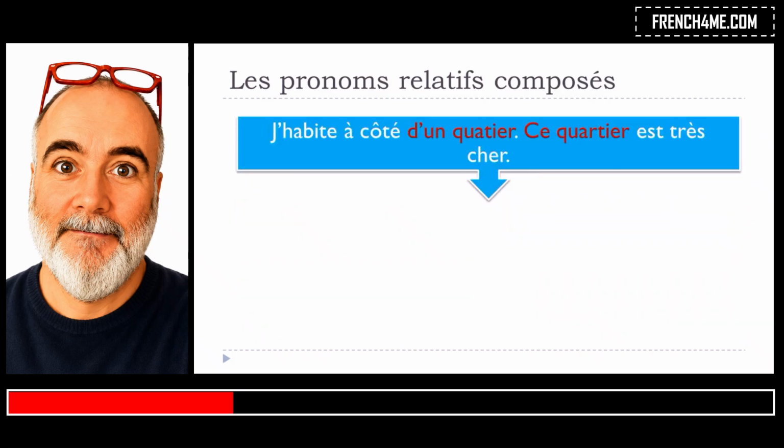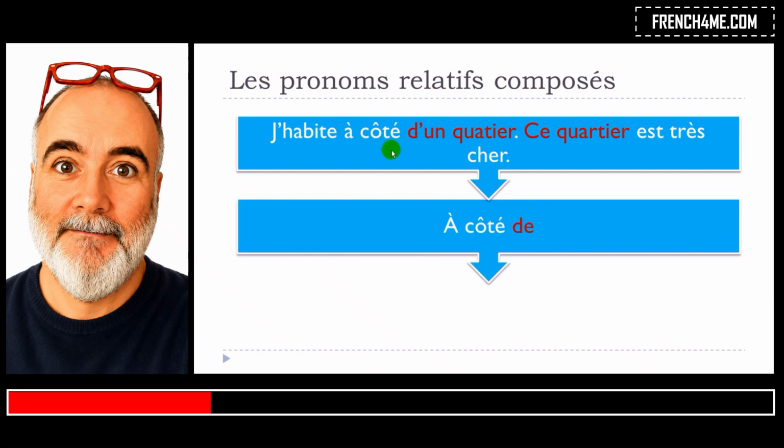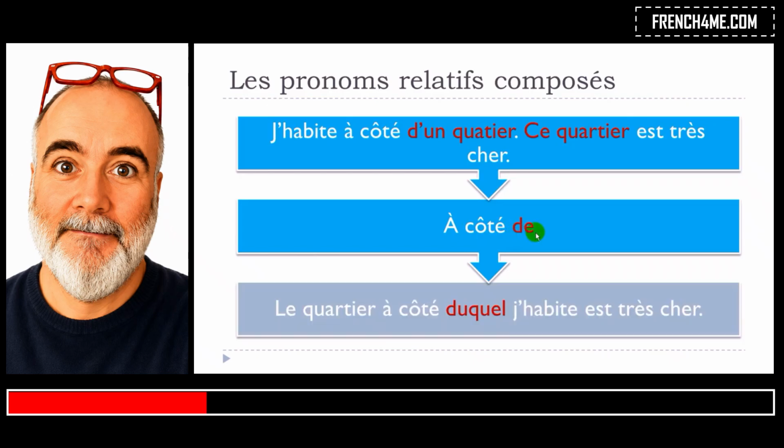If we have now the same situation but with the masculine singular form, j'habite à côté d'un quartier, and then ce quartier est très cher. Same situation, two sentences, we want only one, we don't want to repeat quartier, and then we notice that we've got this à côté de. So we've got the preposition de. And in that case, of course, it will change because we've got this masculine singular form.